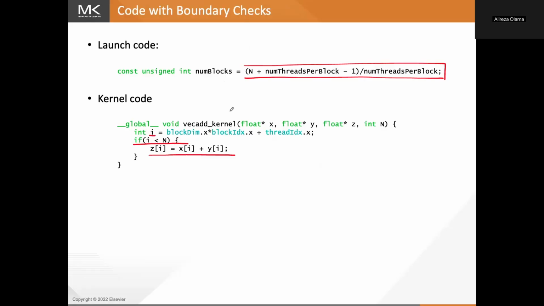So I just perform the calculation for the threads that really have an index into the data. Very simple. Okay, so now let's implement it in our code.